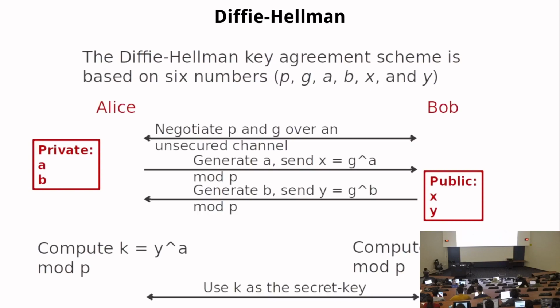Then she calculates X based on the formula, then sends X to Bob. Bob does the same thing, sends Y to Alice. Then Alice and Bob do the similar computation and eventually generate the key. So they use the key as a secret for the following symmetric encryption.